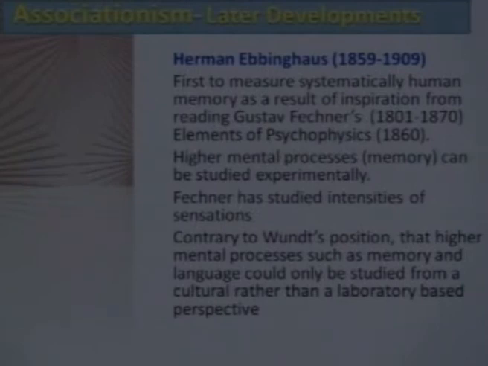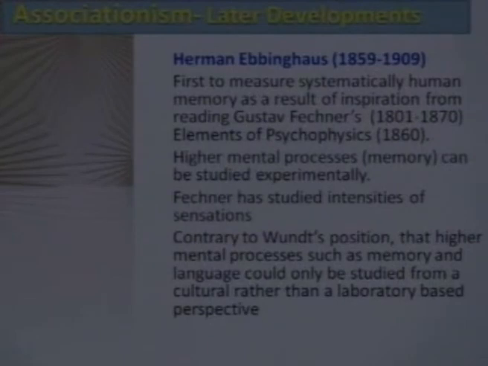It was shown in the work on memory by Hermann Ebbinghaus. Hermann Ebbinghaus was impressed by Fechner's work on measurement of sensation, and he believed that we can measure memory in the same way as Fechner measured intensities of sensations. He took himself as a subject and studied memory experimentally for the first time, and it was contrary to Wundt's idea that memory and language, these higher mental processes, cannot be measured experimentally.